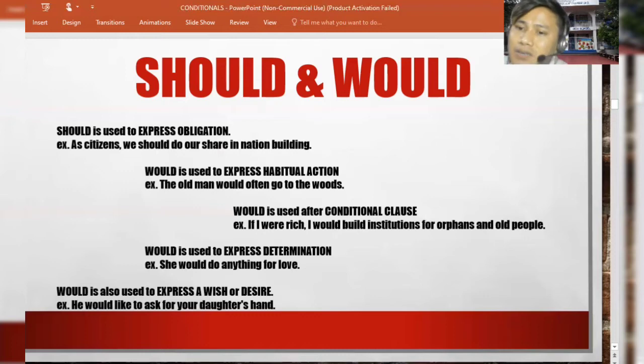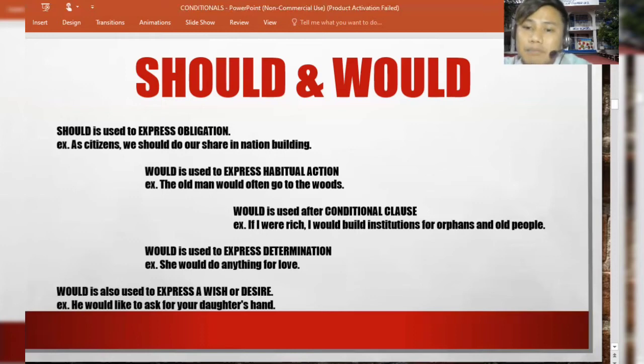So there's actually a condition being given. If the speaker said that he or she is rich, then he or she could build institutions for the less fortunate people.